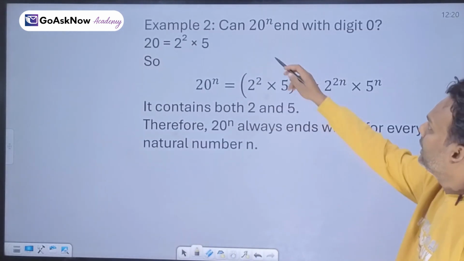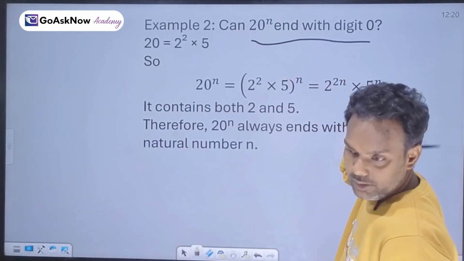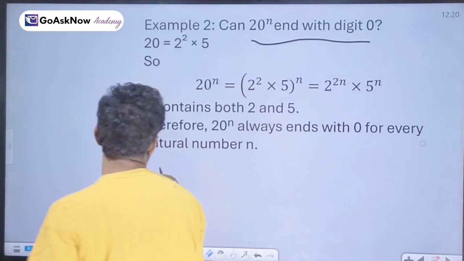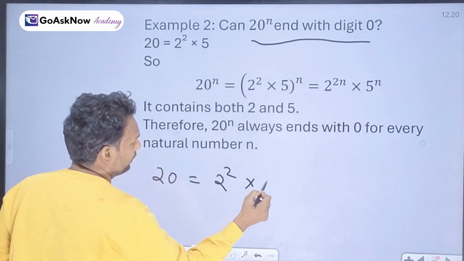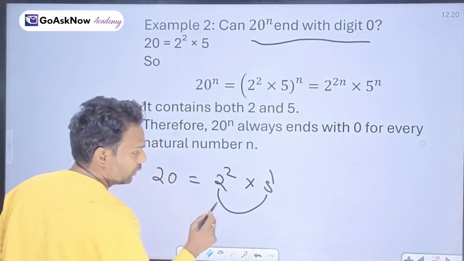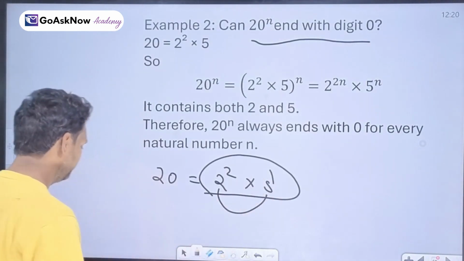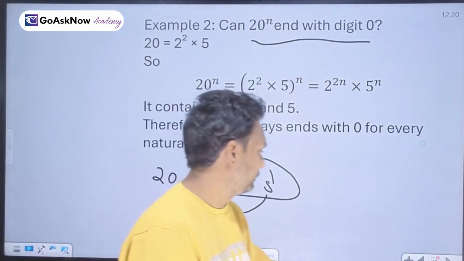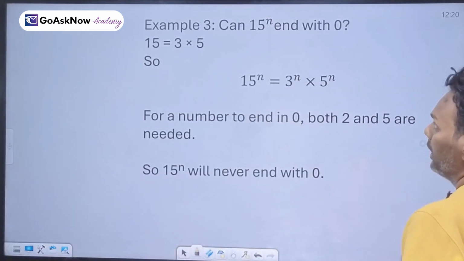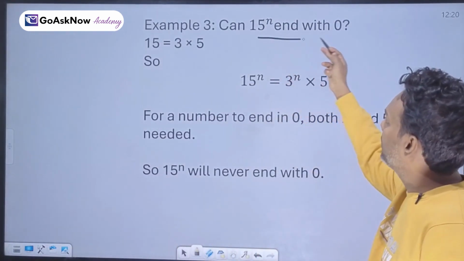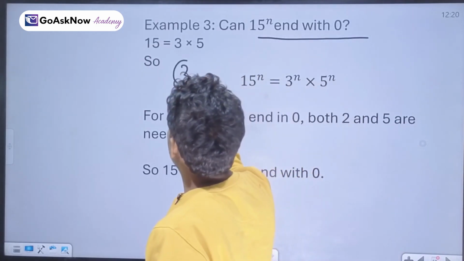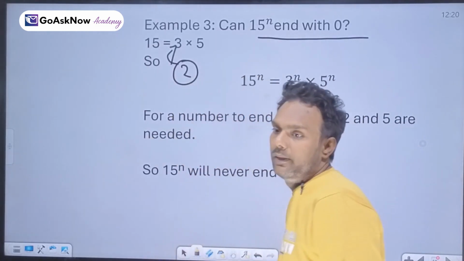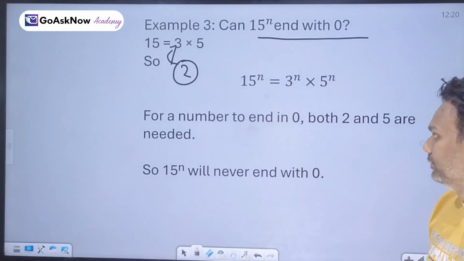Next, can 20 to the power n end with 0? Yes. Why? Because 20 is 2 to the power 2 into 5 to the power 1. A pair of 2 and 5 is there. Can 15 to the power n end with 0? No. Why? Because 2 is not a factor of 15.